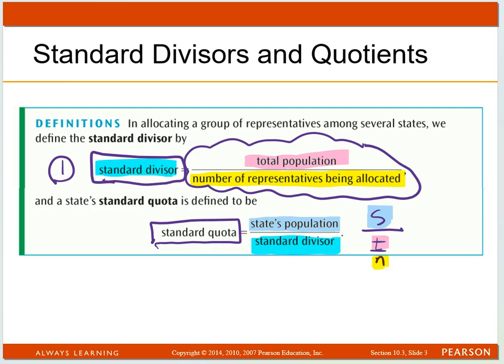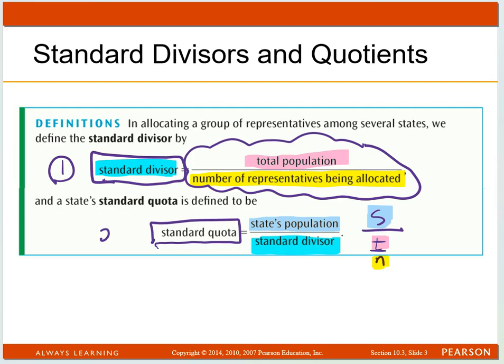Before, we would take our individual population, like the population of state A, the population of state B, and divide it by the number of seats that they already had. We called that the average constituency. This is a little different. You're taking the total population and dividing it by the number of representatives to be allocated for all states. And they call this the standard divisor.